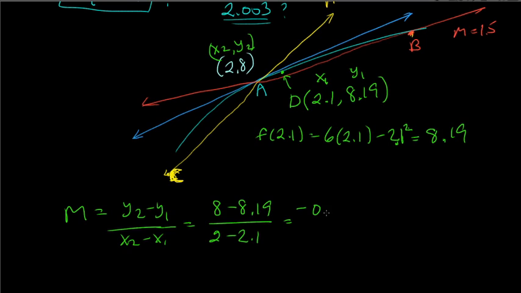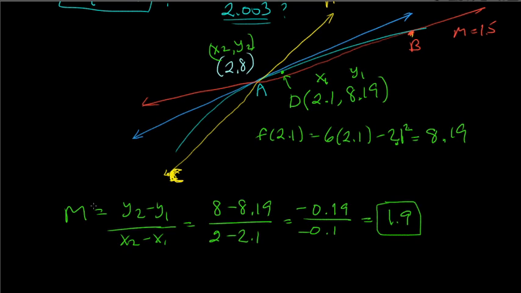So I think we get negative 0.81 divided by, sorry, it's negative 0.19. I don't know what I'm thinking. I should just use my calculator. So negative 0.19 divided by negative 0.1 turns out to be positive 1.9. Yeah, the slope should be positive.